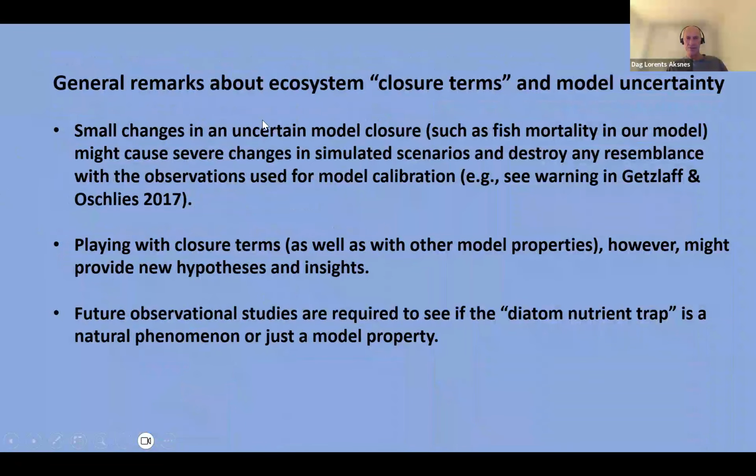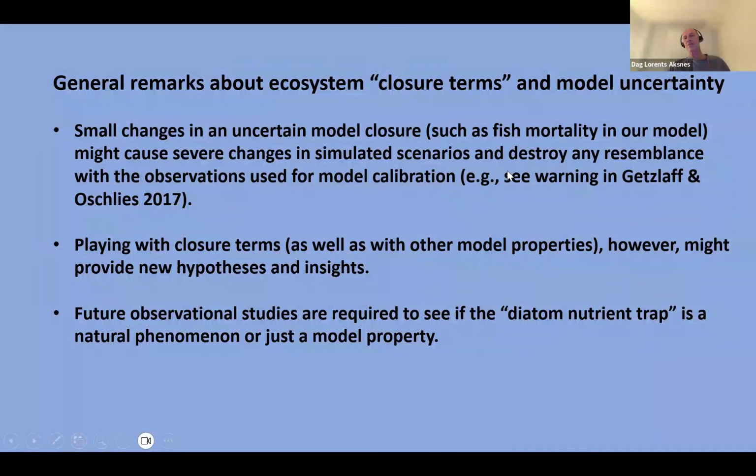So I end with this, but before ending, just some remarks about the closure term and model uncertainty. These closure terms very often are hidden in modeling studies, and that's unfortunate, because small changes in this model closure, which is fish mortality in our model, might actually cause severe changes in simulated scenarios, as we have seen in the presentation here, and actually destroy any resemblance with the observations that we have used for the model calibration.